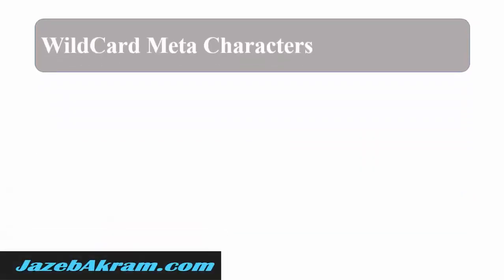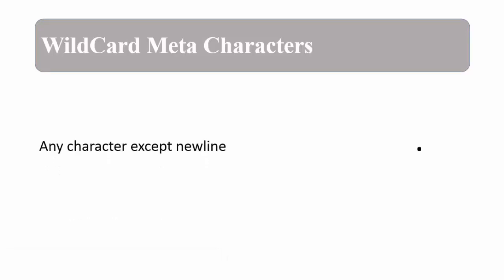In this lecture, we will learn about wildcard meta characters. Wildcard means any character except new line. It is represented by a dot. For example, if you have a regular expression of OHN in which you want to add any character at the beginning of OHN, then you simply put a dot at the beginning.